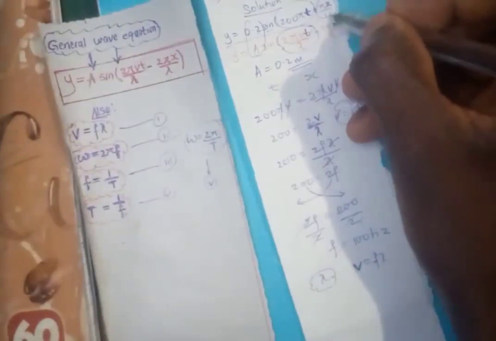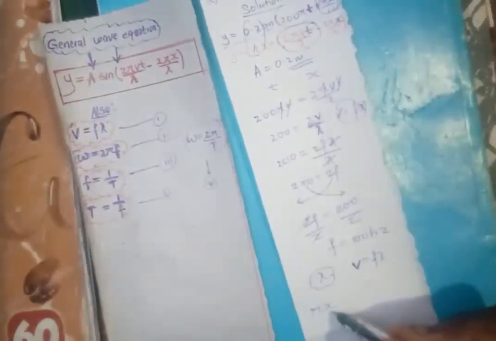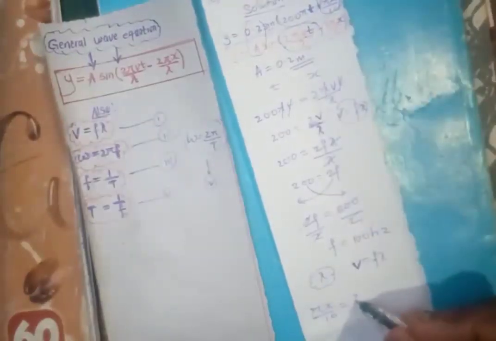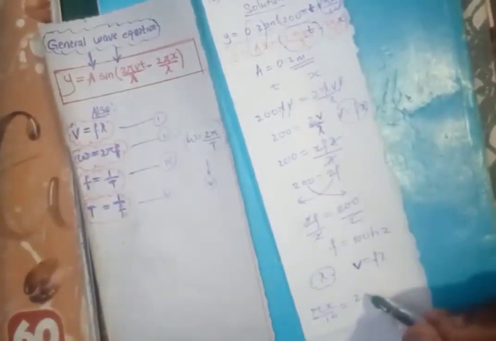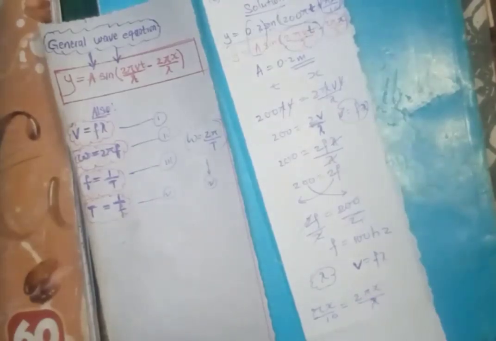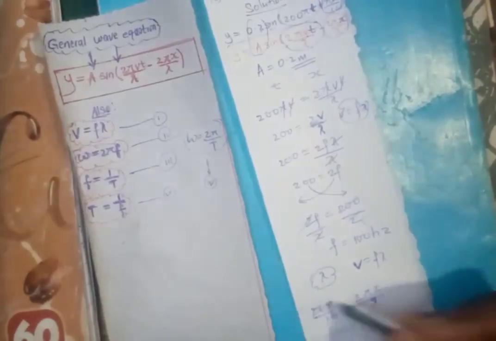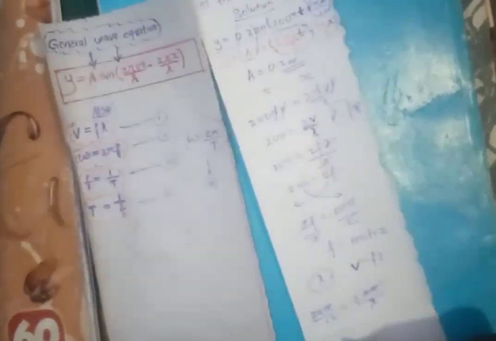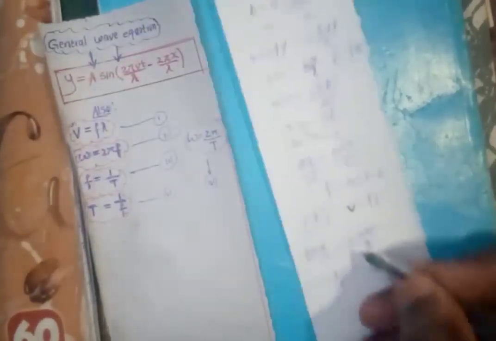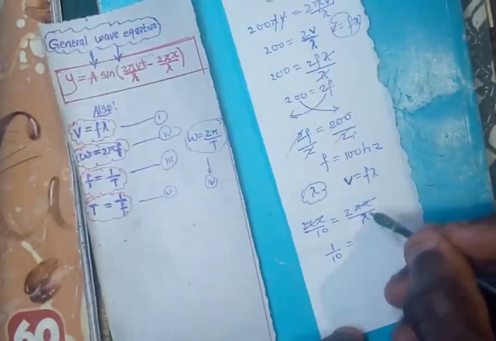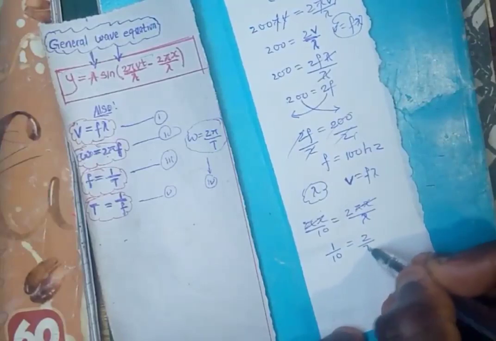Now let's compare the x term. What is the x term here? That is pi x over 10 equal to the x term here, 2 pi x over lambda. We can now cancel out some terms, pi and x, and we are left with 1 over 10 is equal to 2 over lambda.